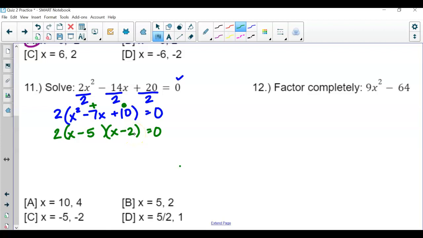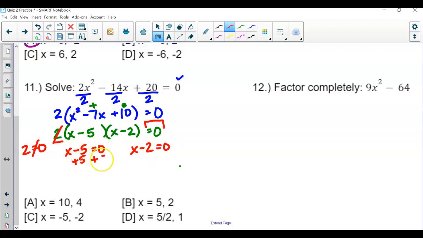They would also add to get you -7. But because we're not done, we are solving. So this 2 is equal to 0, but will 2 ever equal 0? No. So that's why our 2 here just cancels out. 2 is not equal to 0. But here we have x minus 5 is equal to 0 and x minus 2 is equal to 0.